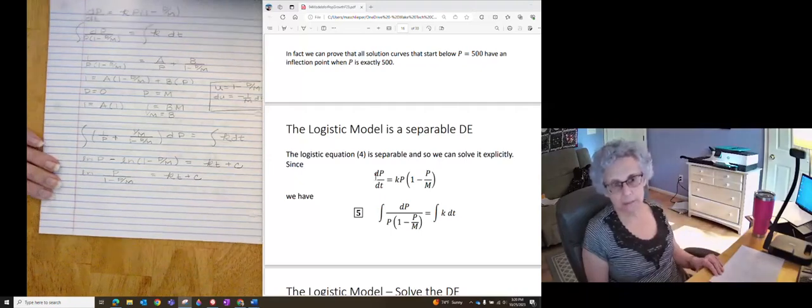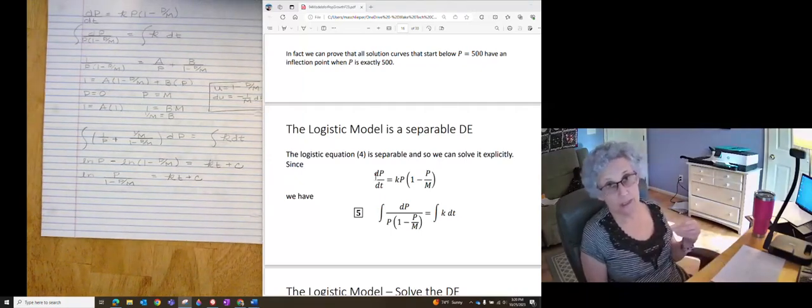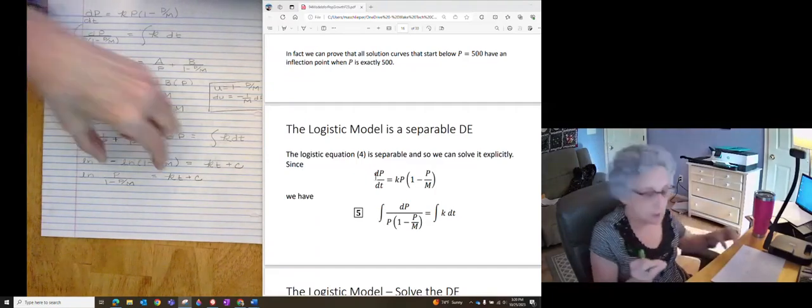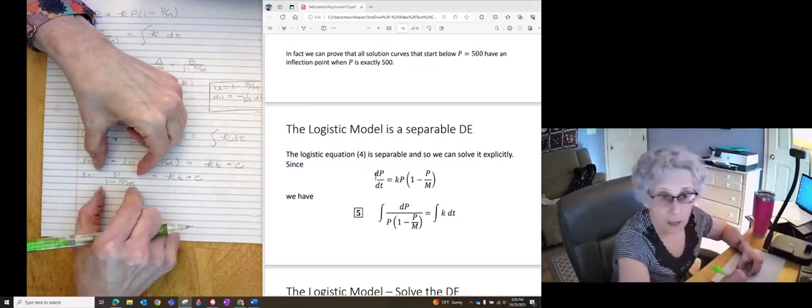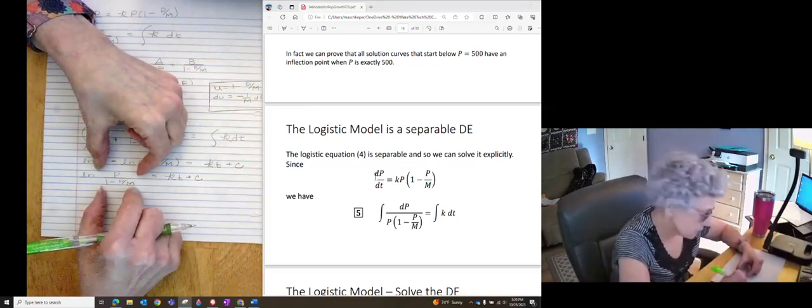Well, you've done enough separable differential equations by now. You probably have a pretty good idea what's going to happen. I'm going to make each side the exponent of e.